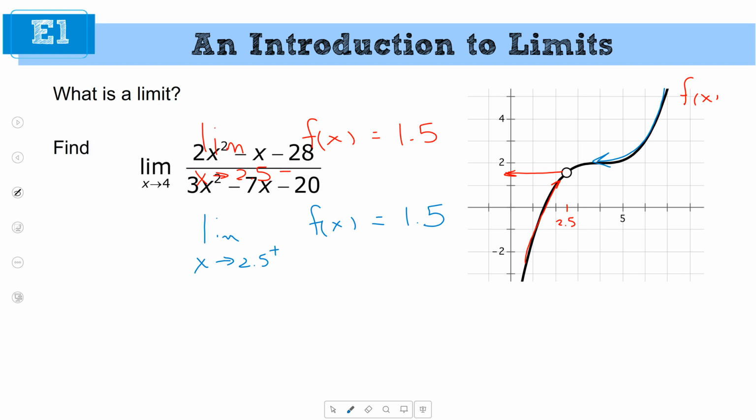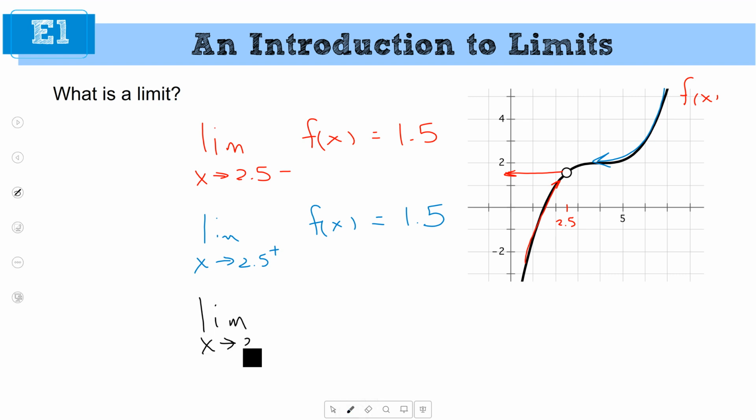Right? Okay, good. Now let's look at this example here. Before we talk about this, this is the conceptual part of the problem. Approaching from the left and approaching from the right. What we didn't talk about yet was this. Okay, that's our third case now.